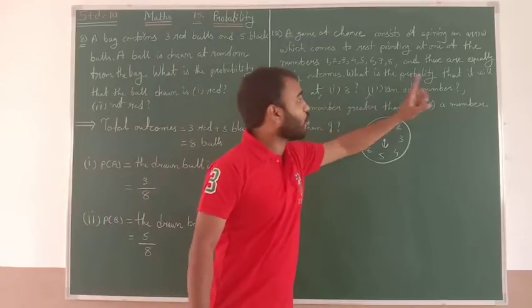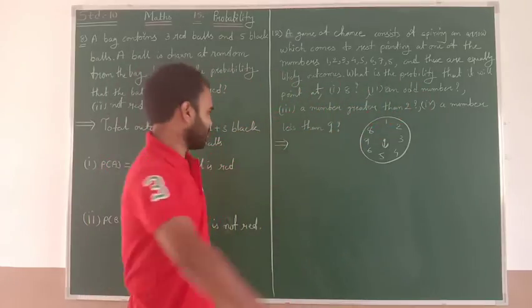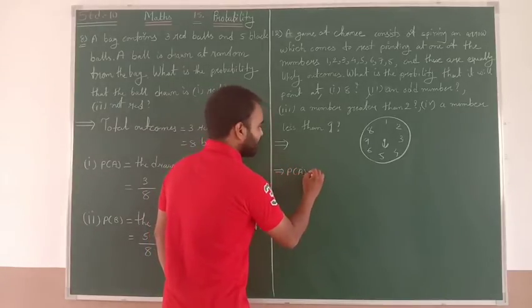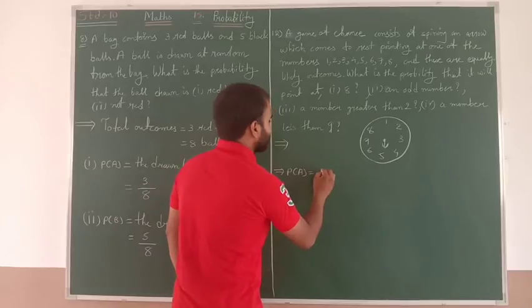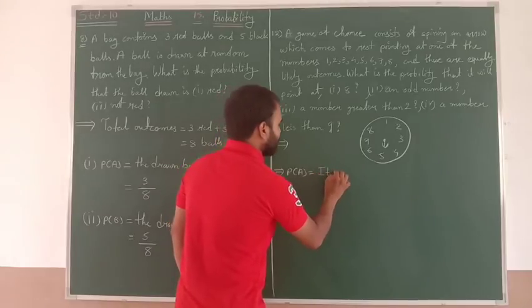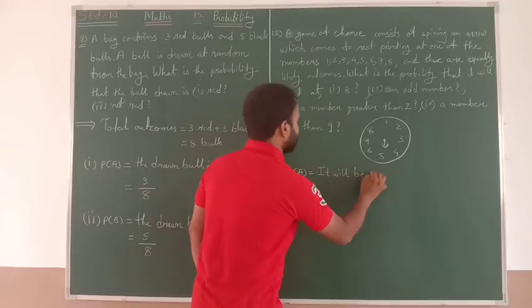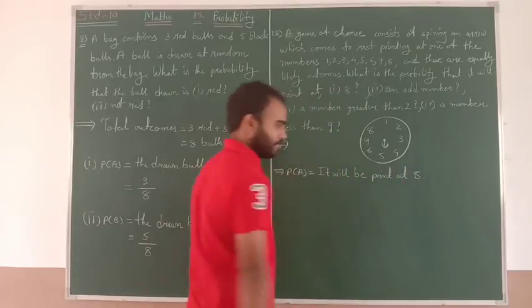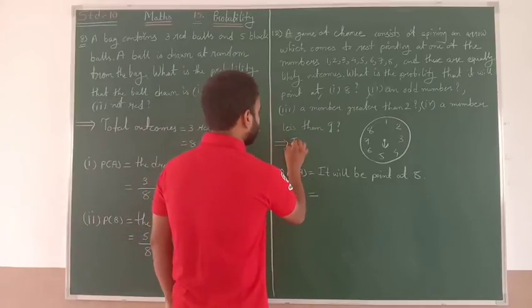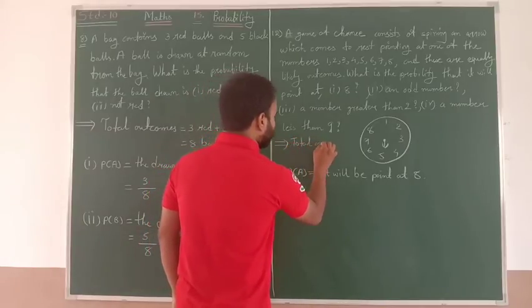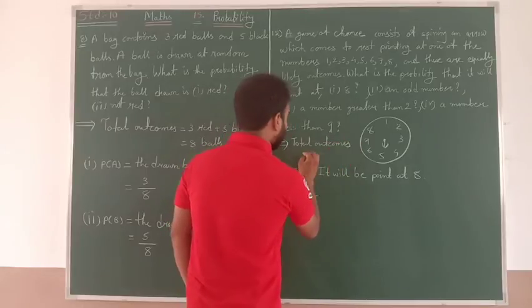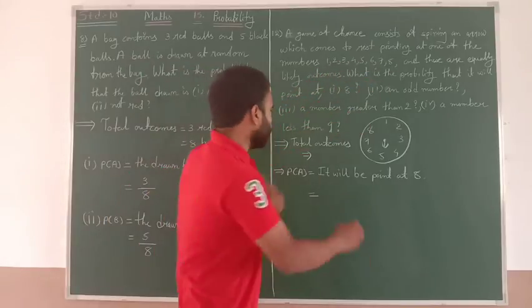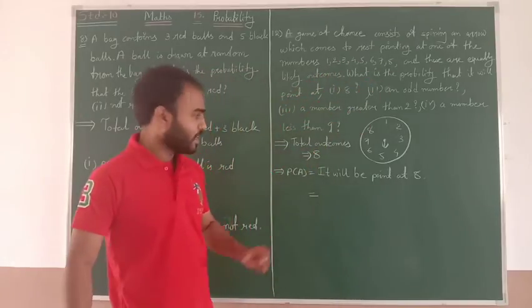So what is the probability that it will point at 8? First of all we will see P of A, that it will point at 8. First of all, total outcomes equal to, how many total outcomes are there? 1 to 8, so 8 outcomes will be there.